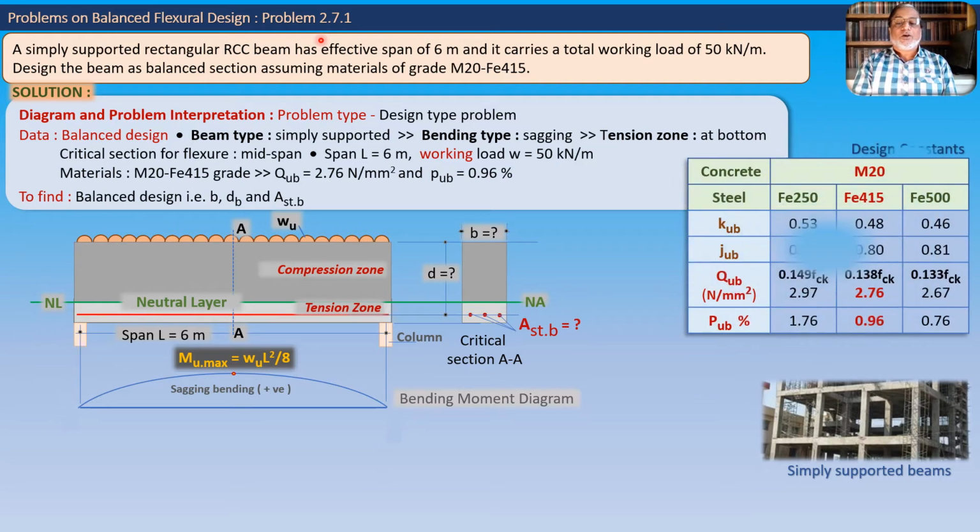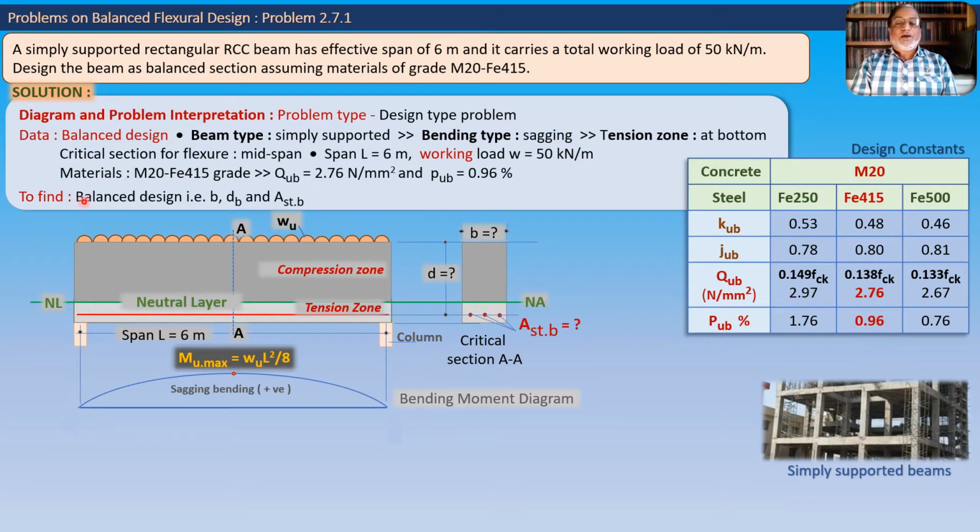There are two design constants required for the problem of balanced design. For M20 Fe415 grade, here is the entire table. From this table we can get these values. We require QUB, the moment of resistance constant, and its value is 2.76, and the second is PUB, the steel constant, and its value is 0.96.